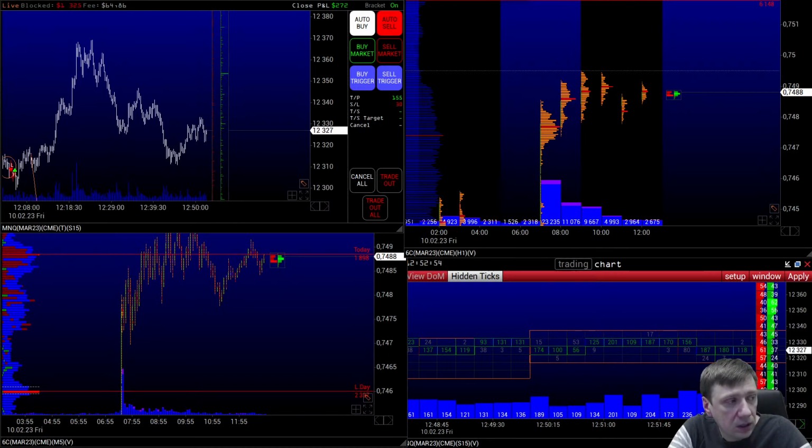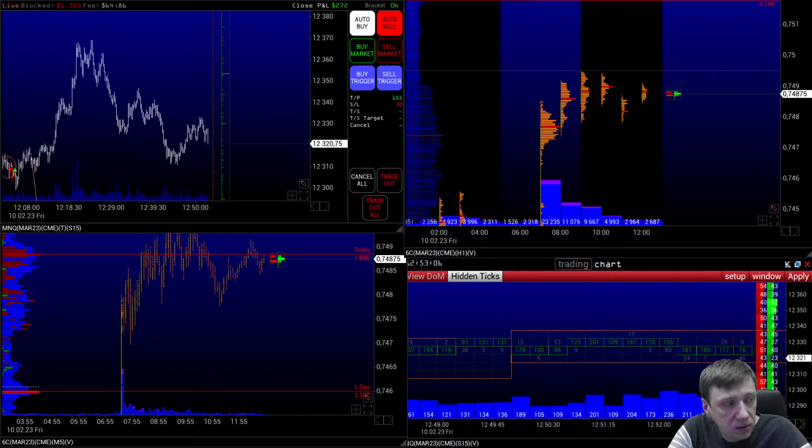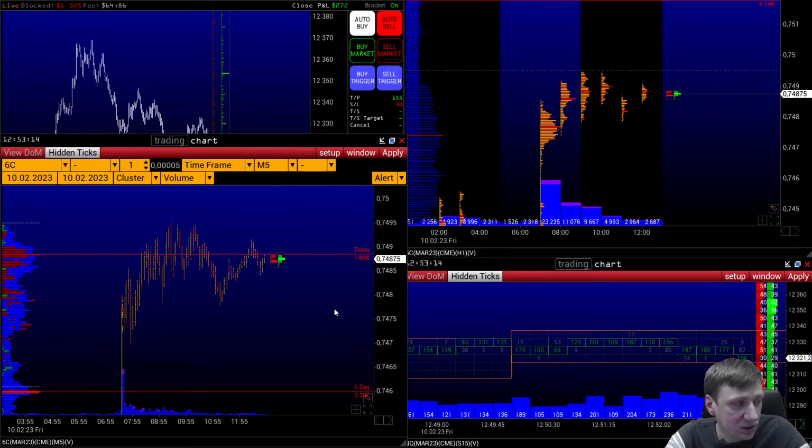Strong levels are the levels which are formed by strong buyers or sellers. And weak levels are not formed by strong buyers or sellers.